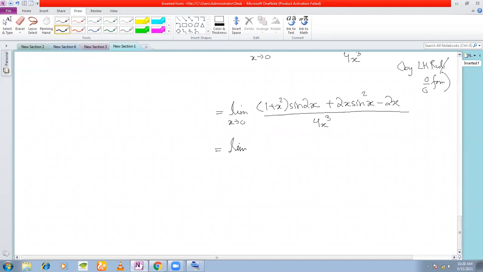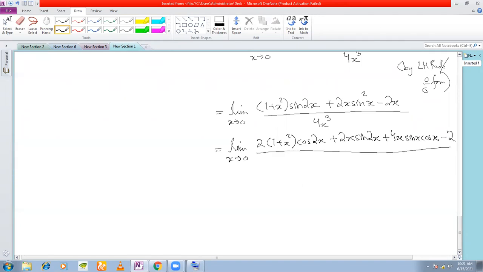So now if you differentiate this, you will get twice 1 plus x square cos 2x plus 2x sine 2x plus 4x sine x cos x, minus 2, divided by 12x square.